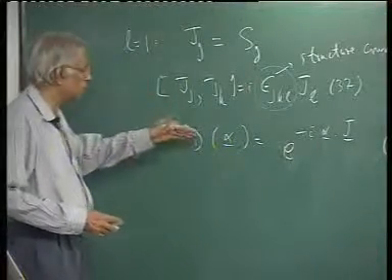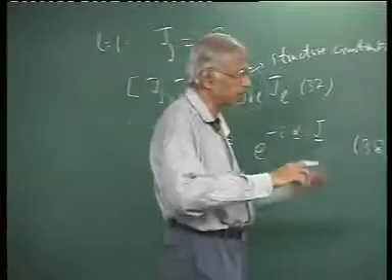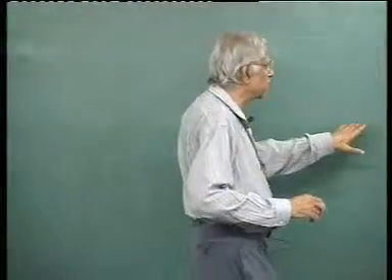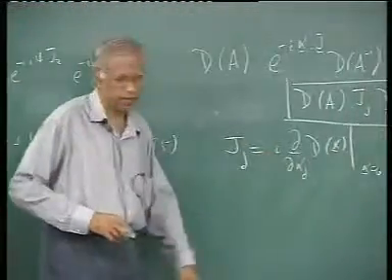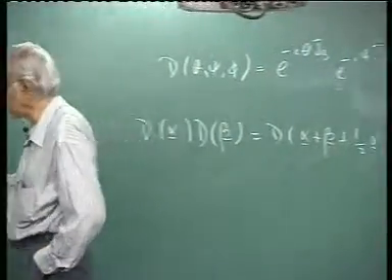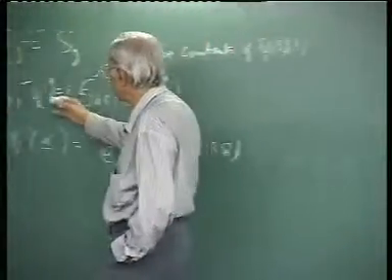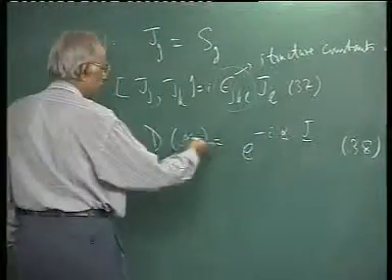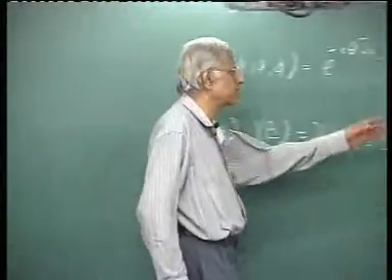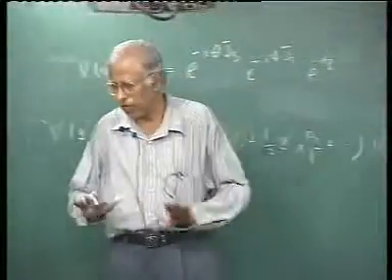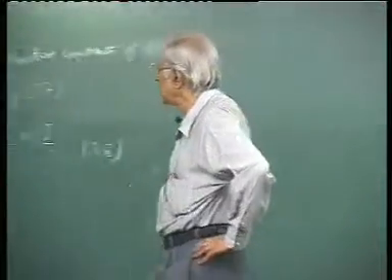This is the converse. I repeat, what we have seen up to now is if a representation is given to you, you can define generators, you can show that they obey these commutation relations, you can show this exponential form in axis angle variables, and you can also show the adjoint transformation law. All of these follow if you have a representation.